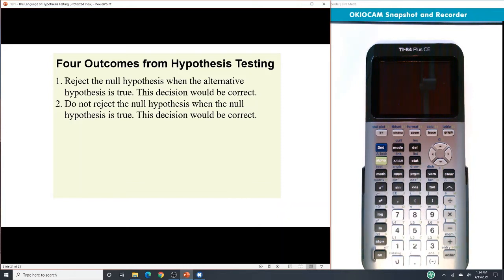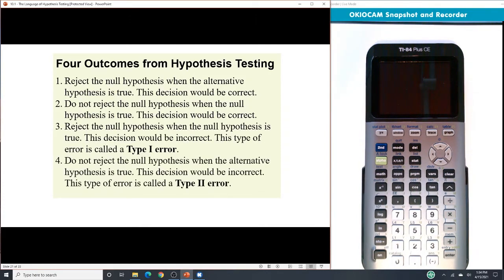It's always based on the null hypothesis, so we either reject or do not reject the null hypothesis. When we reject the null hypothesis, that means the alternative had to be true. Number two, we do not reject the null hypothesis when the null hypothesis is true. So those are the correct types of outcomes.